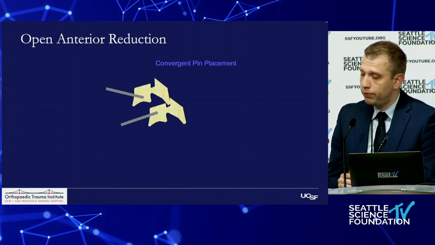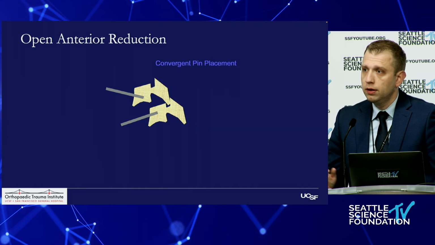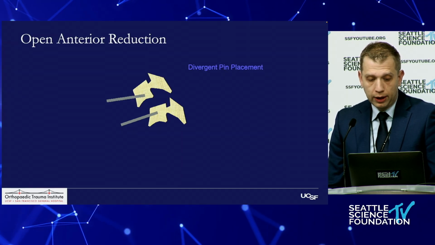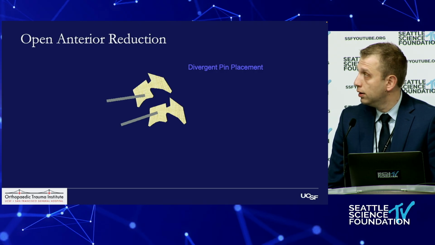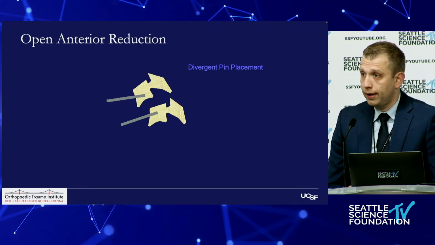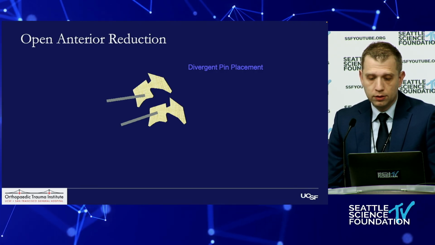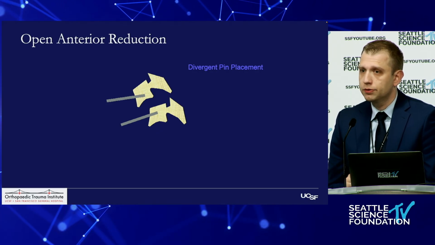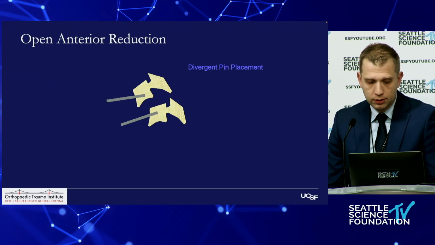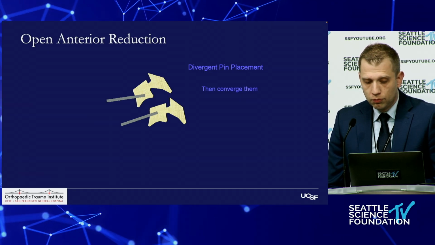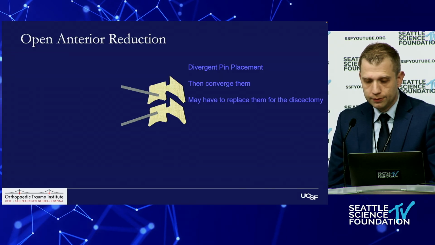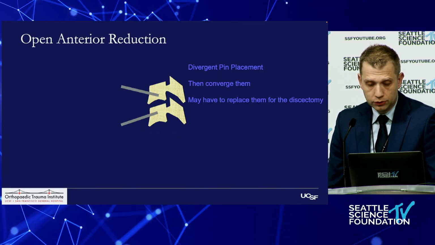Here, by putting them in this position, when you reduce the Caspar pins, you actually end up opening the facets in the back, and that gives you that distraction and helps reproduce that flexion mechanism to unlock the facets. And then once you get your reduction, you could then converge them, and voila, you have reduced facets.